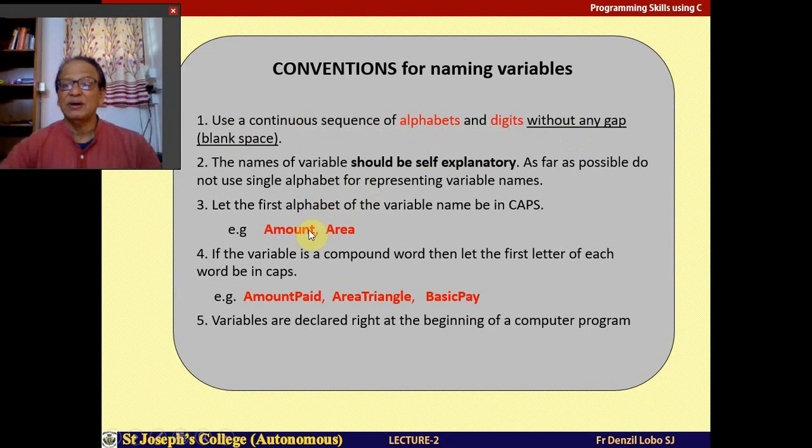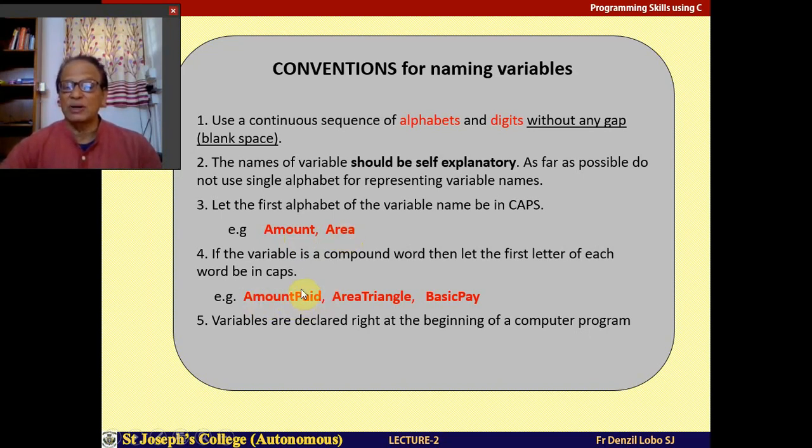Secondly, they should be self-explanatory. When you look at the variable, you know what it represents. For example, amount, you know that it is something about money. Area, this is something about the area of a triangle maybe, or a rectangle maybe. And amount paid. Now, two words are there.